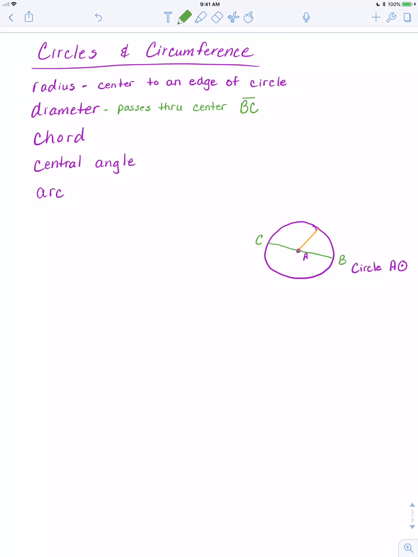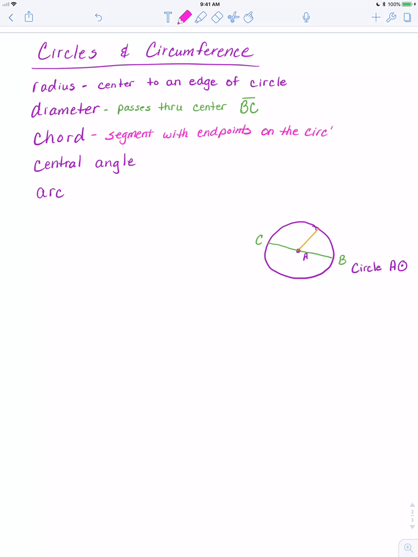A chord now can be any segment that has endpoints on the circle, but it doesn't necessarily have to pass through the center. So a chord is a segment with endpoints on the circle.